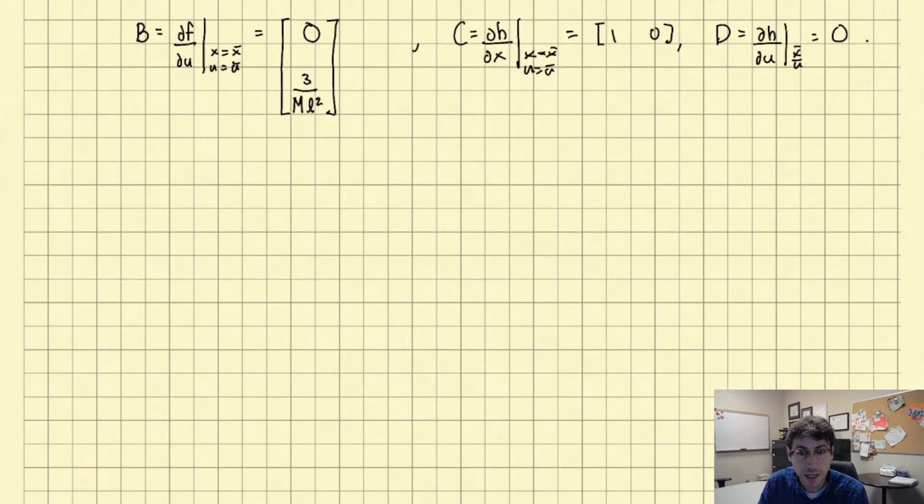Once we've computed A, B, C, D as above, we now have our linearized model. This step really is just the output of the procedure. You've already got all the ingredients. We're just going to put them all together.